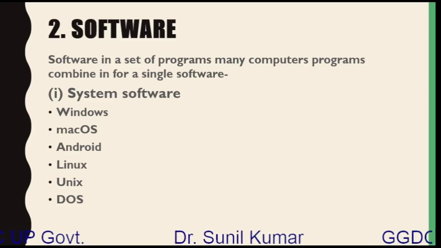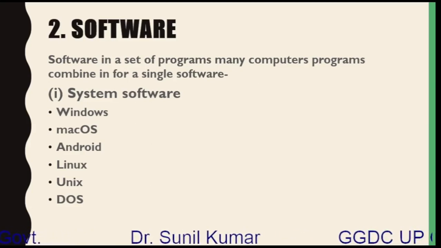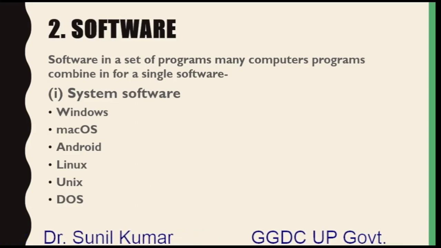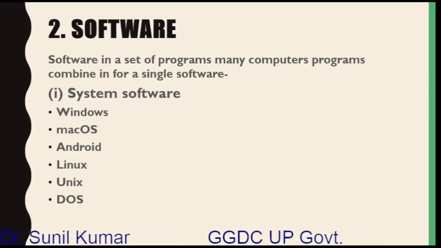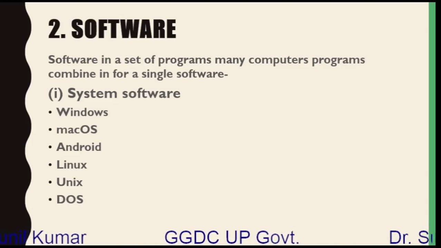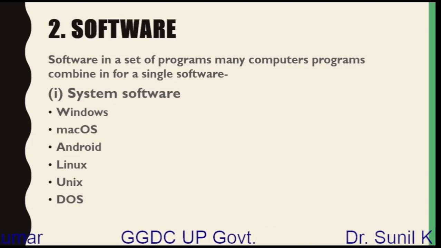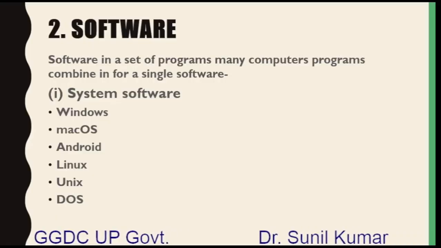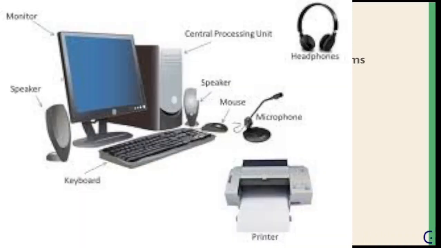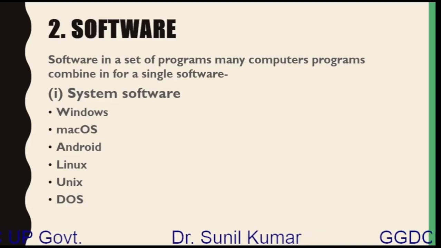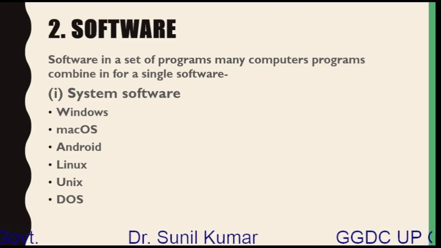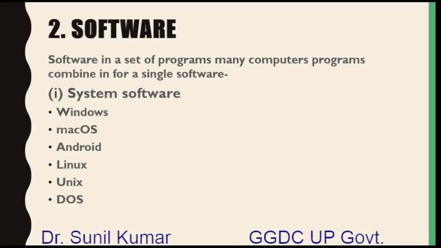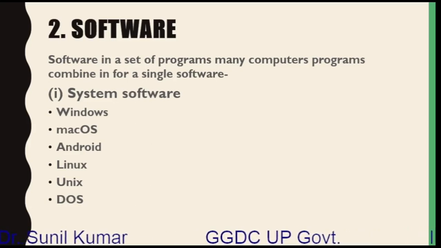Software is divided into some parts, such as system software. System software means the software that is used by the computer system for its own work. That software is called system software. There are many types of system software, such as Windows, Mac OS, Android, Linux, Unix, and DOS.